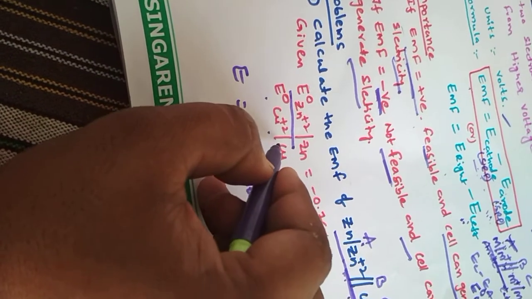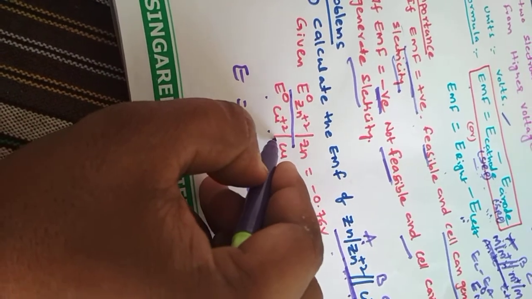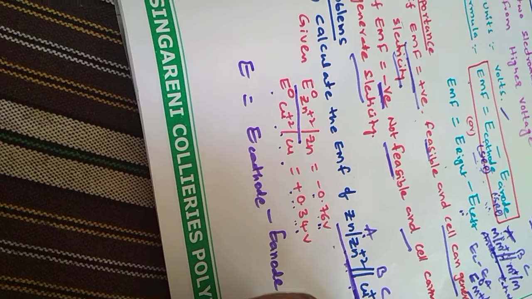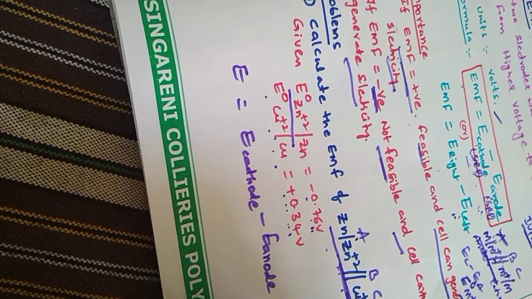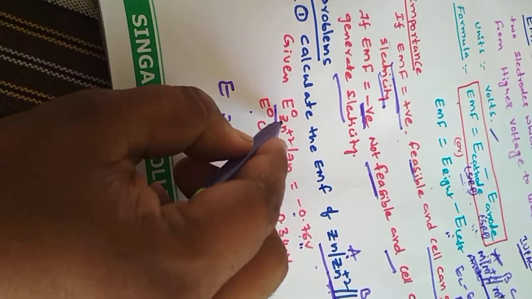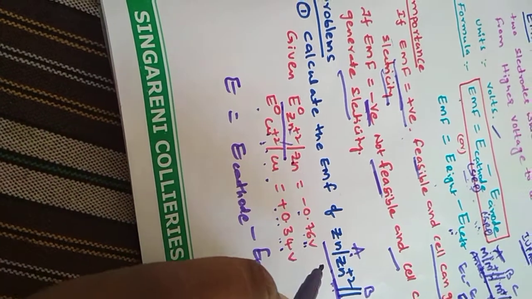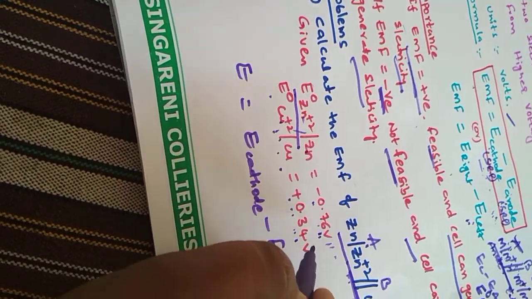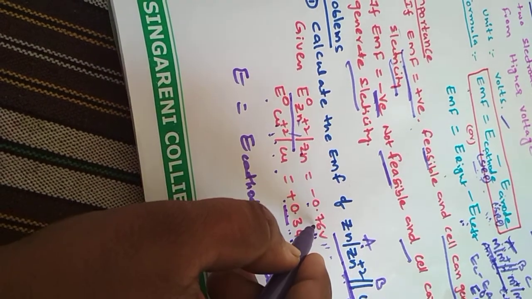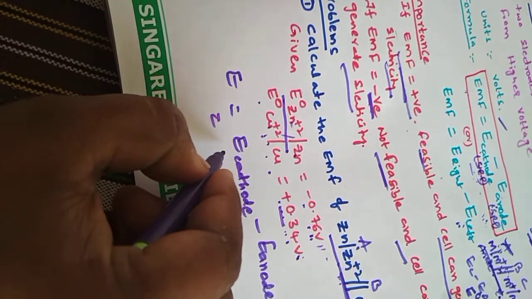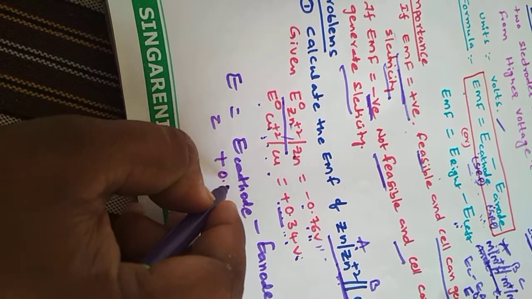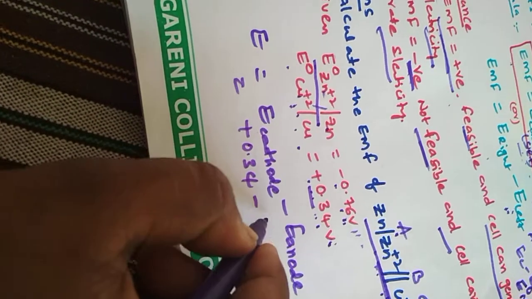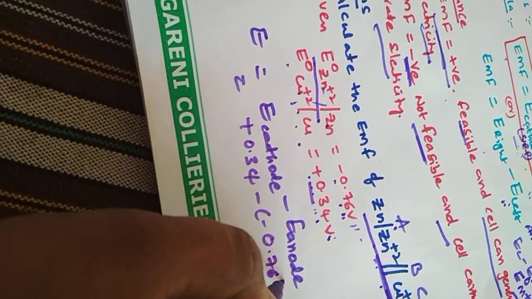The value should be in standard reduction potential. Standard reduction potential means E naught M plus by M. These two values are in M plus by M, so we can substitute them directly. The C value is copper and the A value is zinc. So plus 0.34 minus of minus 0.76.